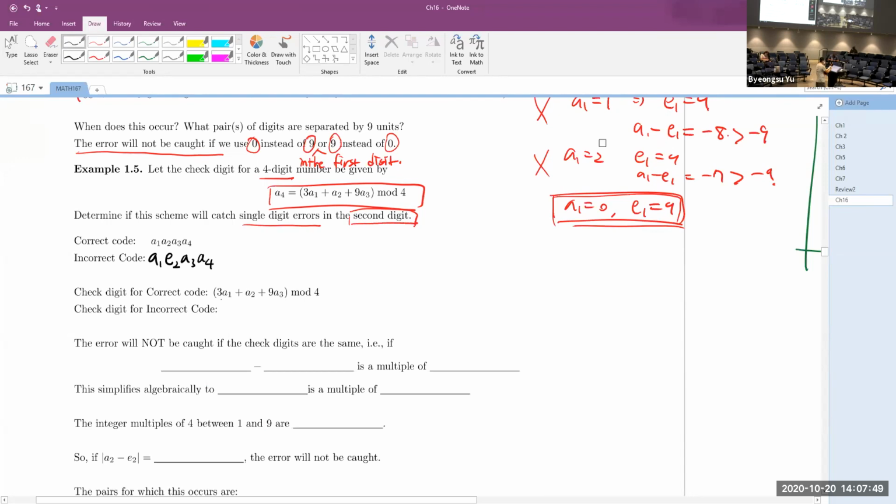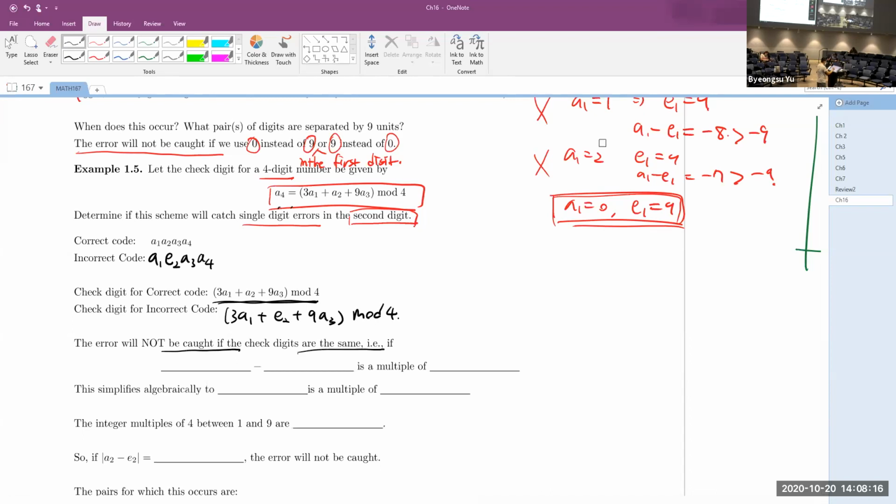So here, the check digit for the correct one is from the given formula. It is 3A1 plus A2 plus 9A3 mod 4. And the check digit for the incorrect code is 3A1 plus E2 plus 9A3 mod 4. And the error will not be caught if the check digit is the same.